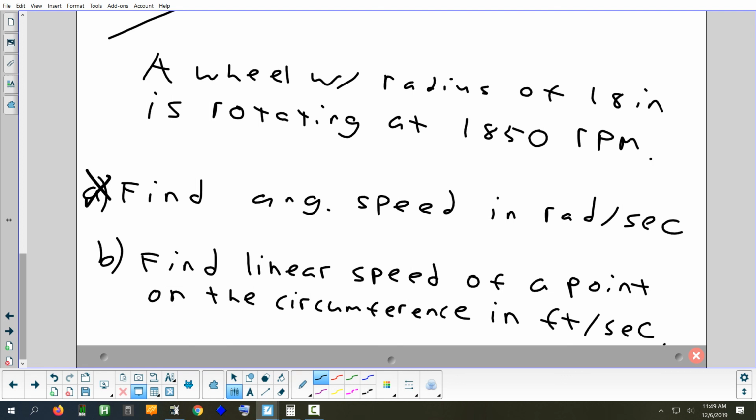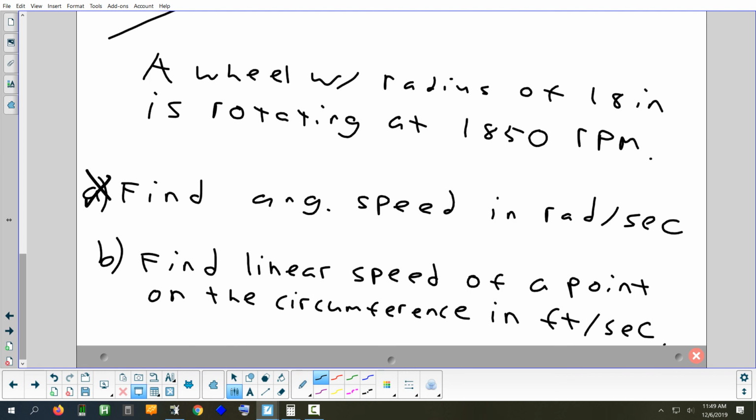The idea here is, imagine you had a wheel spinning at 1,850 RPM on a machine. All of a sudden that wheel came off the machine, hit the ground, didn't lose any traction. How fast would it take off going?